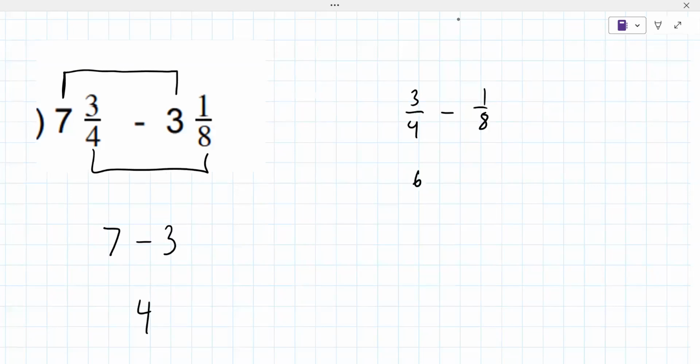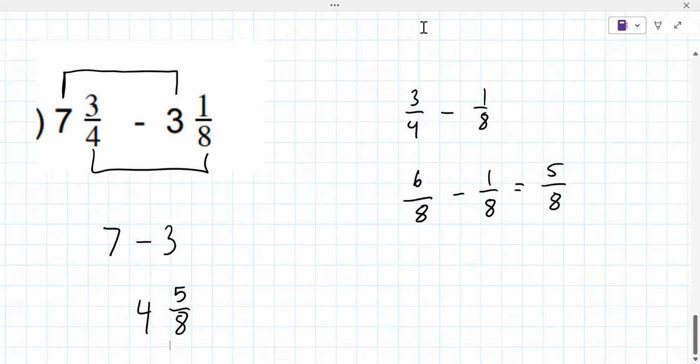You have to find a common denominator. 6/8 minus 1/8 is 5/8. And so it's 4 and 5/8. So sometimes you have to borrow. Okay, so that's the easy stuff.